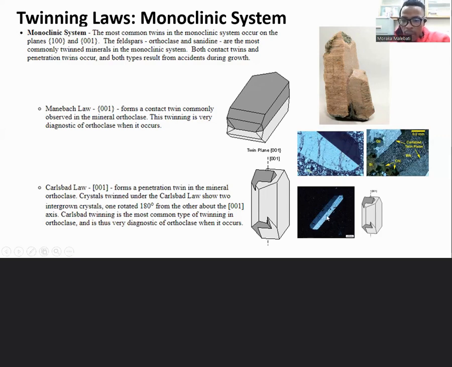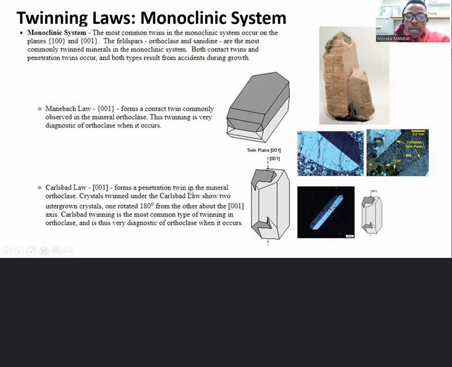And even here you can see two different compositions. If you rotate this crystal around its axis, you're going to form, along the 001 plane, Carlsbad twinning.